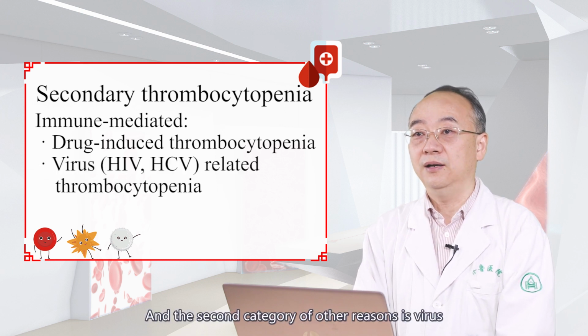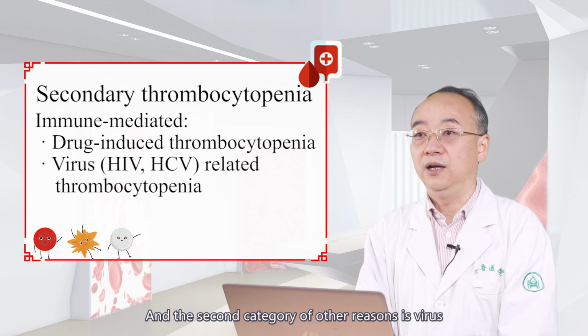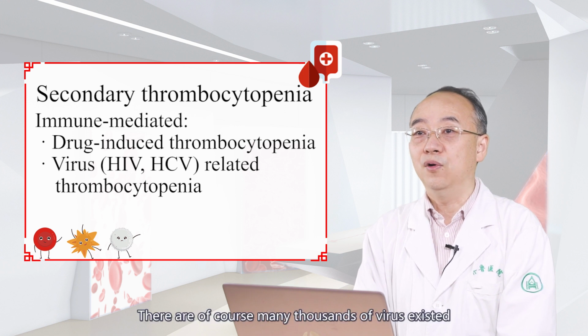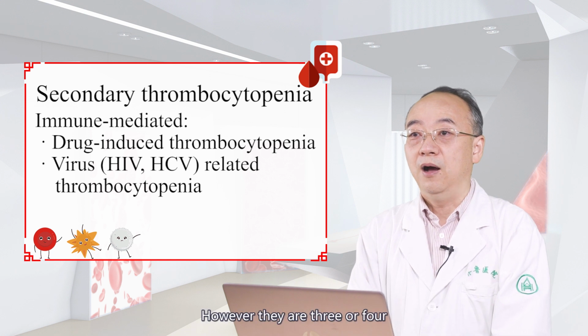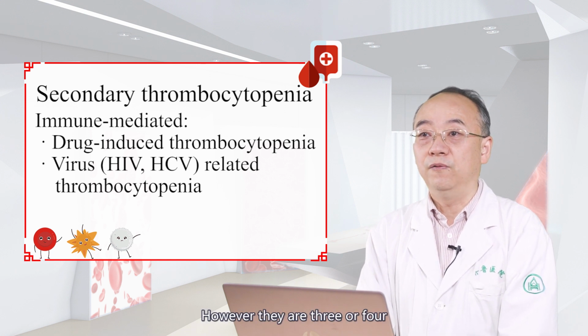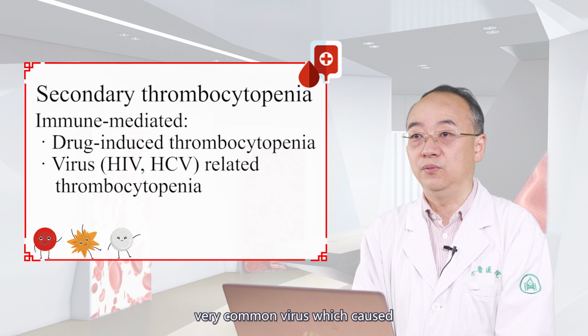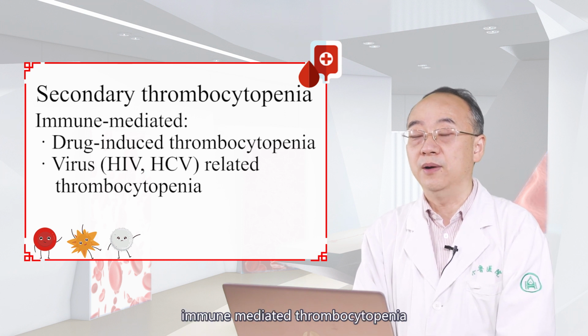The second category of other reasons is viruses. There are, of course, many thousands of viruses. However, there are 3 or 4 very common viruses which cause immune-mediated thrombocytopenia.